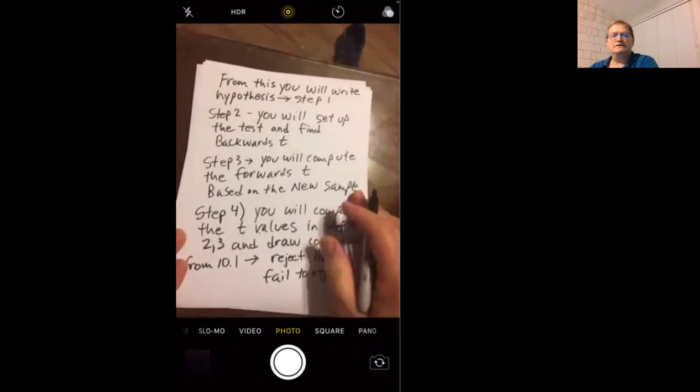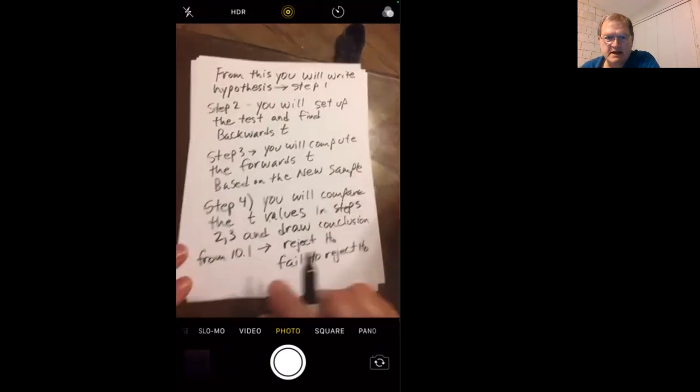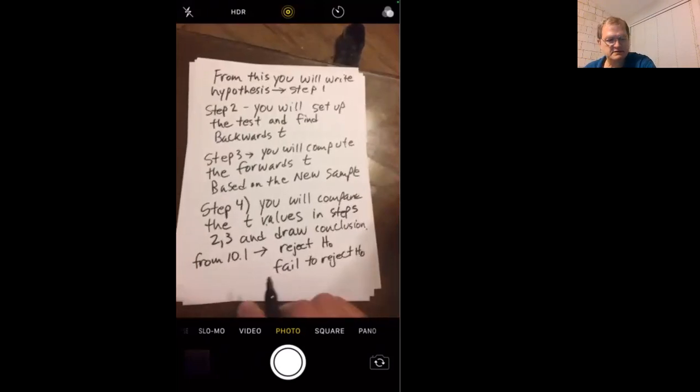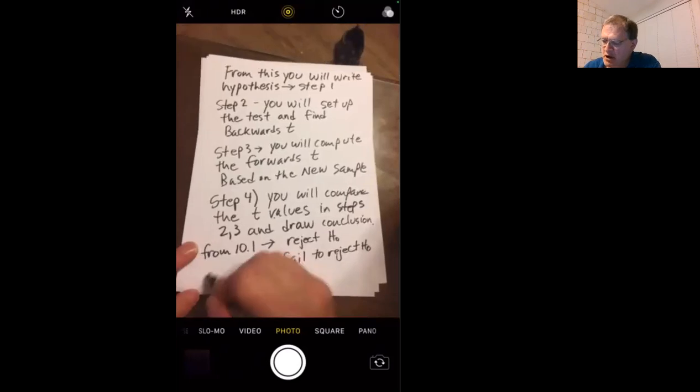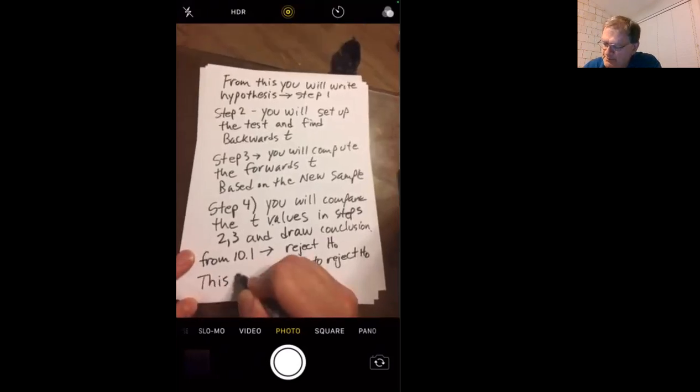All right, I realize, until you see an example, it doesn't make a whole lot of sense. So the next step is just to walk through some of the homework problems and see if we can show you how this works. By the way, this is called the classical approach.